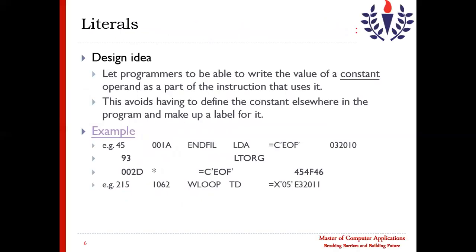So first, what are literals? Literals are the values of a constant operand. It is written here also that literals allow a programmer to write the values of a constant operand, and these constant operands are part of our instructions. If you see these instructions, this is our opcode, this is our constant, which will have some value.